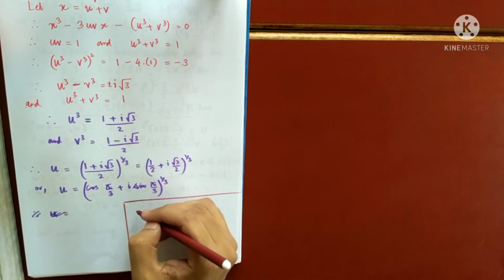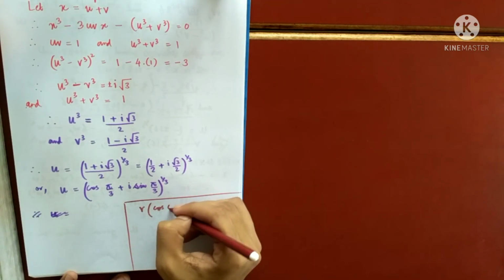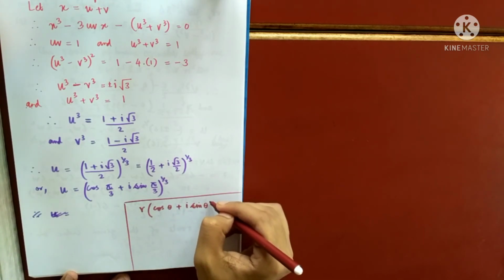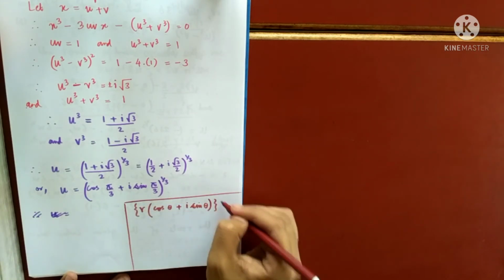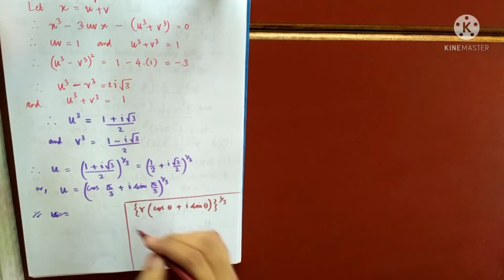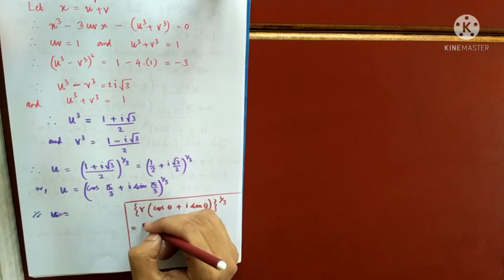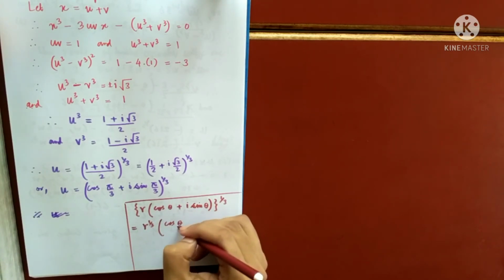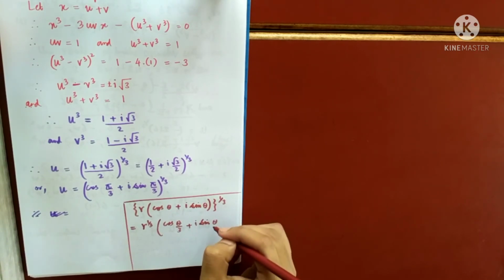So remember, when I have a complex number in the standard form r(cos theta plus i sin theta), and you have to find the nth root, or suppose I am taking the cube root only for the time being. So the answers are, firstly, r to the power 1/3, and the first angle will be cos theta by 3 plus i sin theta by 3. This is by de Moivre's theorem.